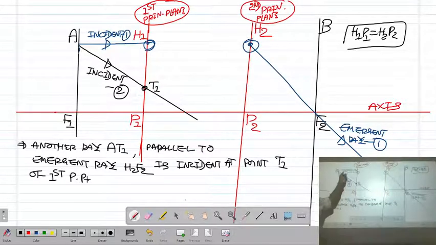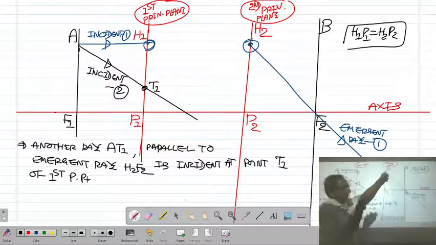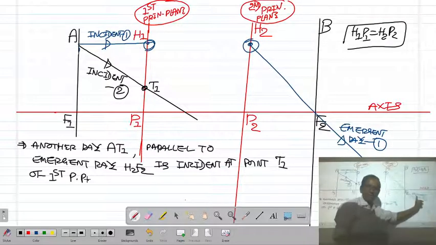Right? So let us consider the second incident ray AT1. Let us consider the first incident ray is AH1. Okay, it is parallel to the axis. After refraction, it will emerge in the direction H2F2, passing through the second focal point.